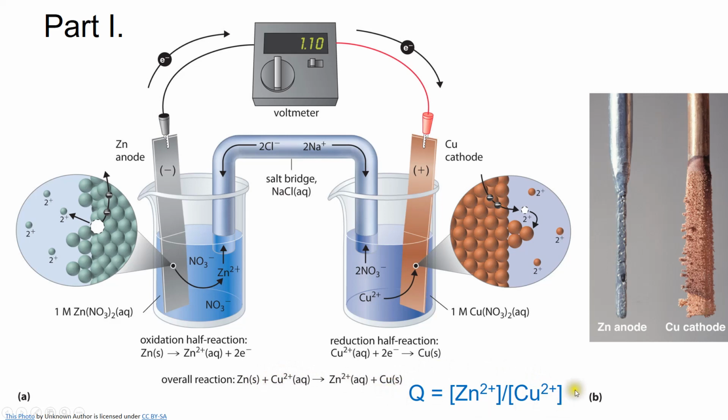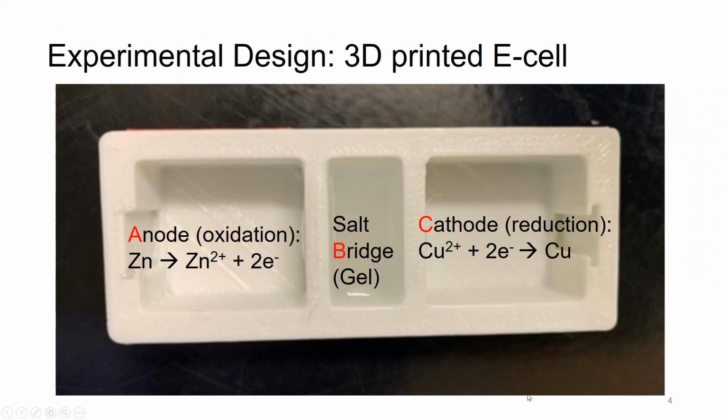Over here, this is the reaction quotient. It's simply the concentration of zinc 2 plus divided by copper 2 plus. This is the actual experimental design. We have anode here, we have cathode here, and bridge in the middle.